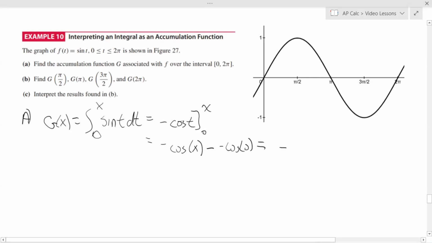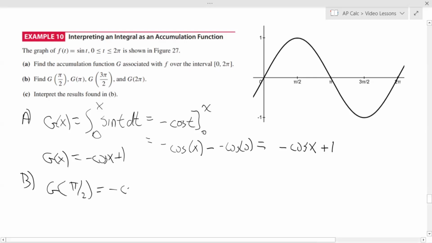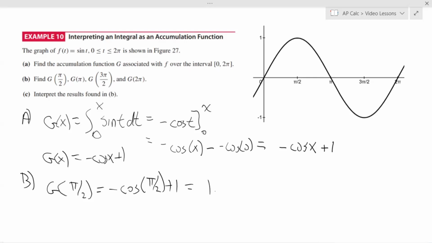All right, so that ends up being negative cosine x plus 1, because cosine of 0 is 1, and you're subtracting a negative. So g of x is equal to negative cosine x plus 1. All right, so part B, if we want to find g of pi over 2, simply plug that in. It'd be negative cosine of pi over 2 plus 1. Cosine of pi over 2 is 0, so that would just be equal to 1.